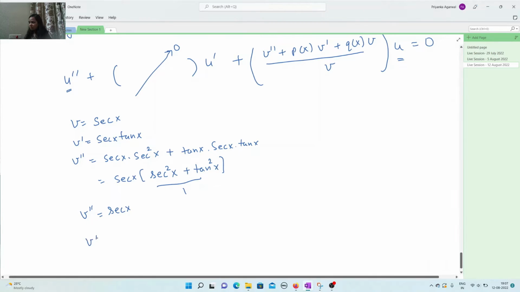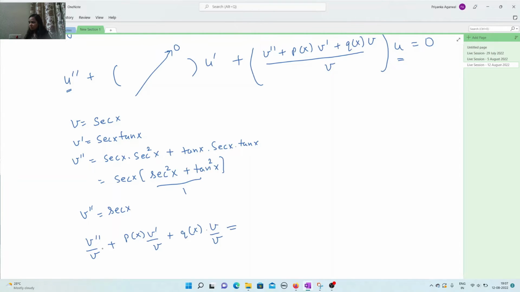Okay. So u double dash over u plus p of x u dash over u plus q of x into u over u becomes u double dash over u, sec x over sec x is 1. p of x we have as minus 2 tan x, and u dash over u is sec x tan x over sec x, this will be tan x, and then q of x in this case is 5.